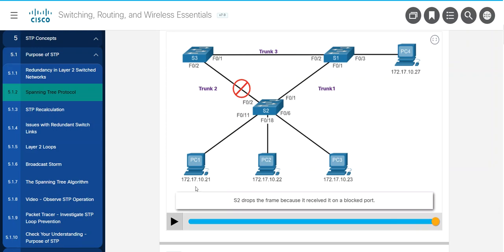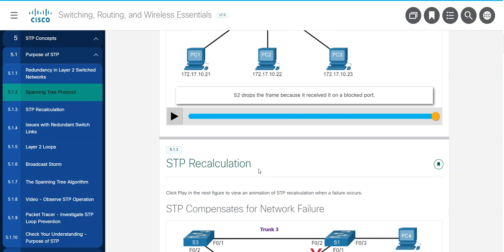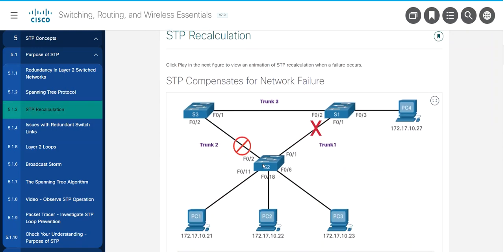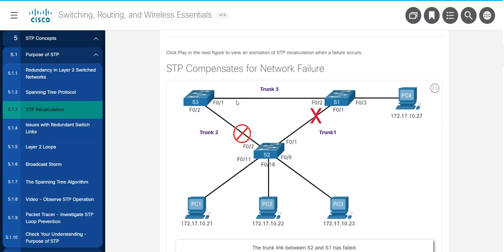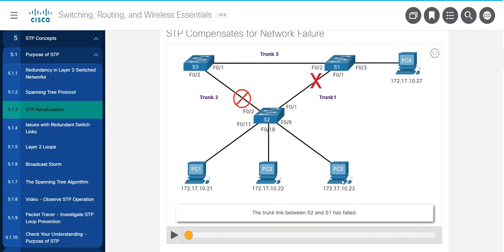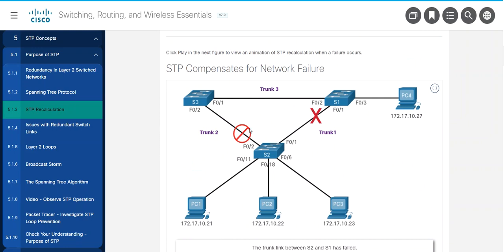So you can see in the scenario that I've just played there, you actually have a blocked port so that data doesn't keep moving throughout a network. So spanning tree protocol does help compensate if you do have a network failure. So you see this blocked port here.